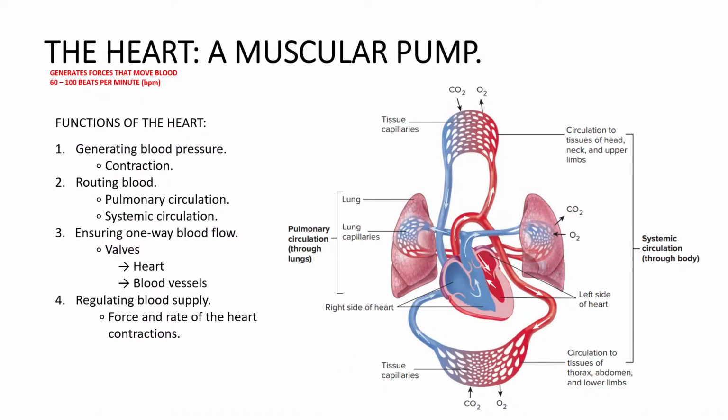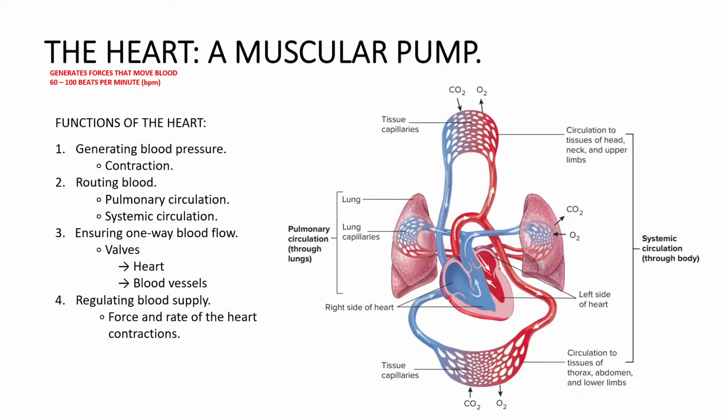So it's the aorta that gets blood from your heart, and it takes this blood through different arteries to the places where they're actually needed. And then we have another function, which is ensuring one-way blood flow. We'll actually look at the valves of the heart.